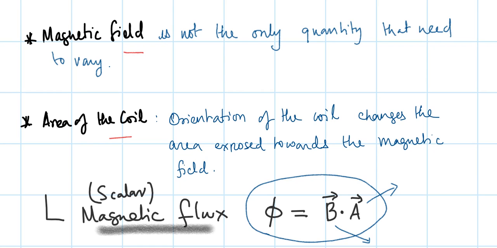The scalar nature of the magnetic flux is due to the fact that the product on the right hand side, as we can see here, is the dot product between the magnetic field and the area vector of the coil. So let us look deeply into the concept of magnetic flux.